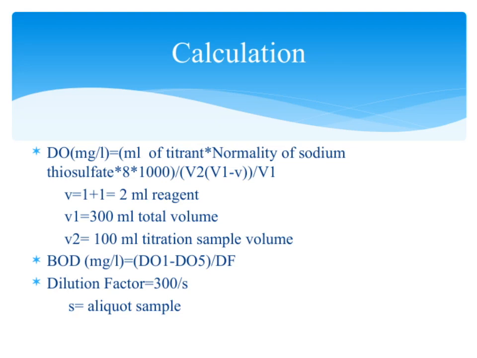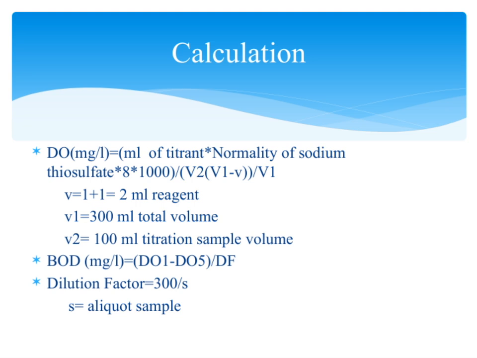First, we have the formula for DO, or dissolved oxygen, which is expressed as DO in milligrams per liter. The formula is DO equals the volume of titrant in milliliters multiplied by the normality of sodium thiosulfate, times 8, times 1000, all divided by the product of V2 times the quantity V1 minus V, and then divided again by V1.